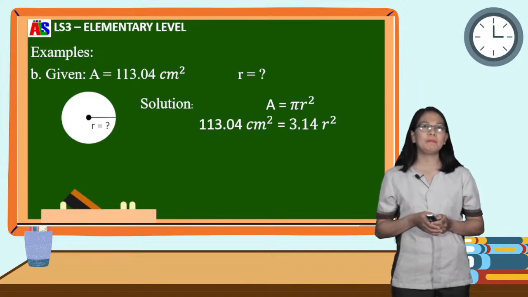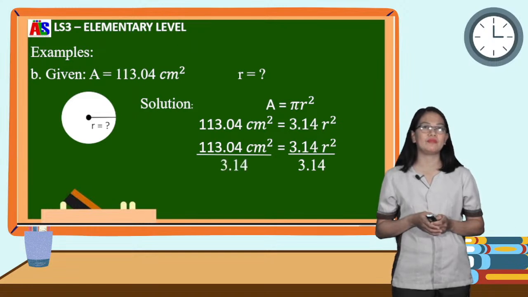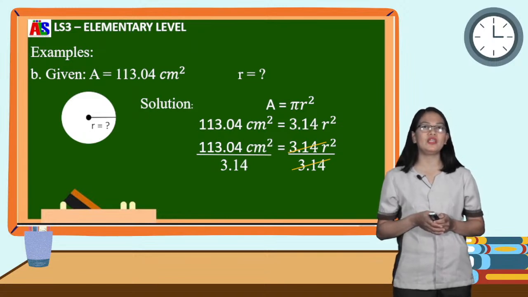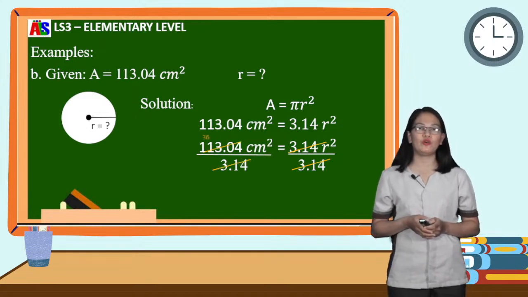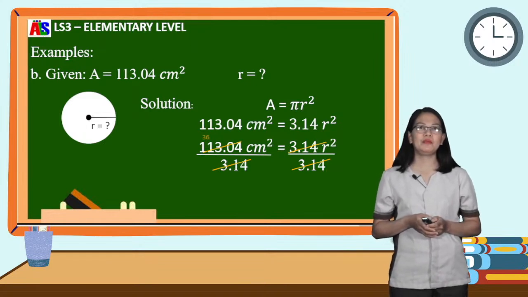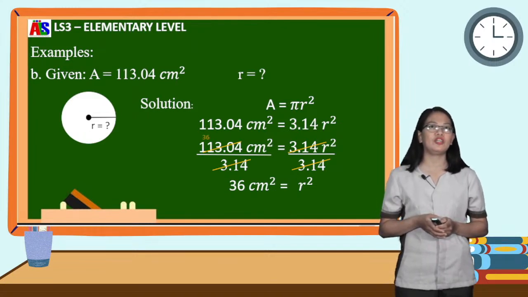Now, simply divide both sides by 3.14. So we have r squared on the right side, and 113.04 square centimeters divided by 3.14 will give us a quotient of 36. That simply means we have 36 square centimeters is equivalent to r squared.